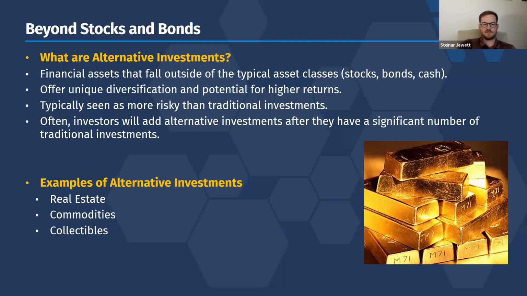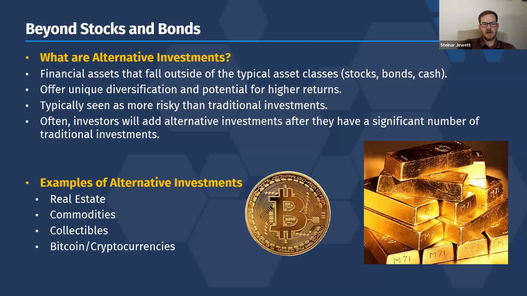There's a bunch of different collectibles that are seen as investments. As we just mentioned, Bitcoin and other cryptocurrencies are an alternative investment. And finally, private equity. Private equity is essentially just investing in private businesses or privately run funds that aren't available to everyone.